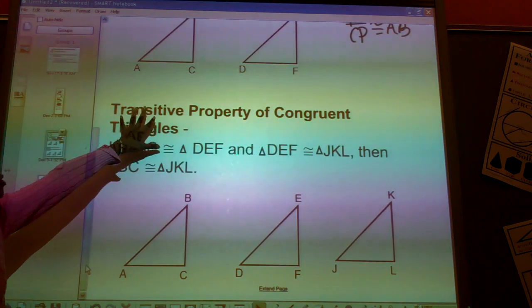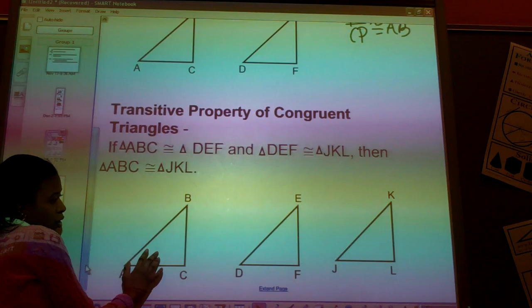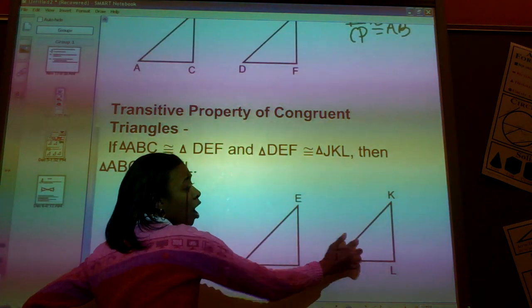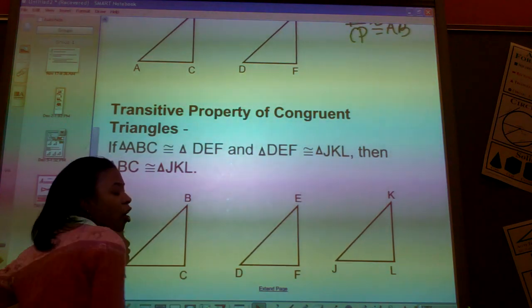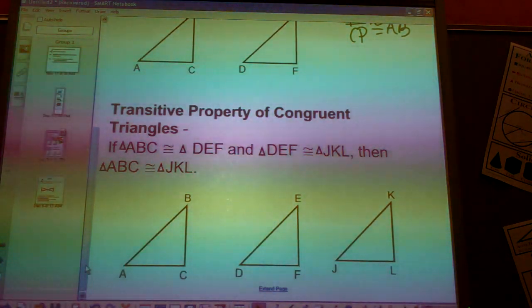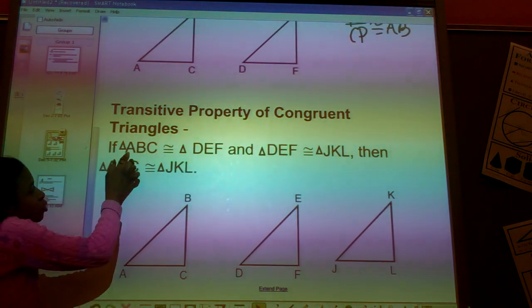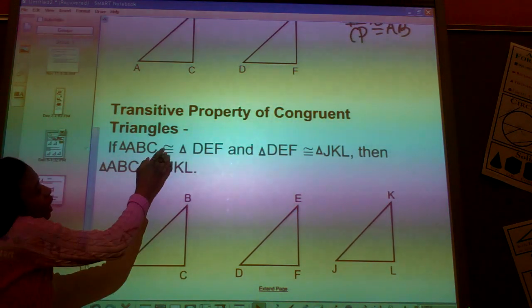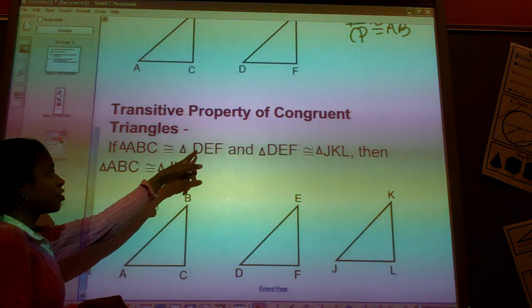Remember, if the first and second are congruent and the second and third are congruent, then the first and the third must also be congruent to one another.